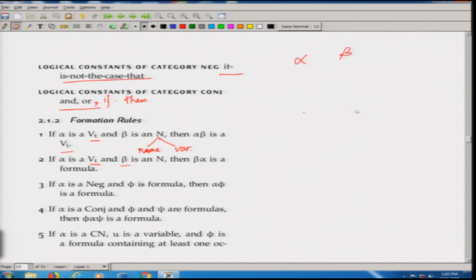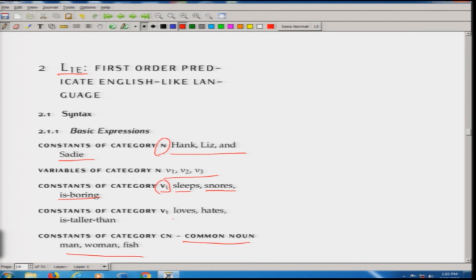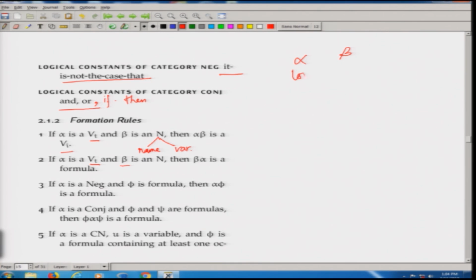This rule is if beta is an n, that is a name or variable here, and alpha is a Vt. We have how many Vts? We have loves, hates, is taller than. So we take loves, for example. If you have loves and you have a name, you can have anything.